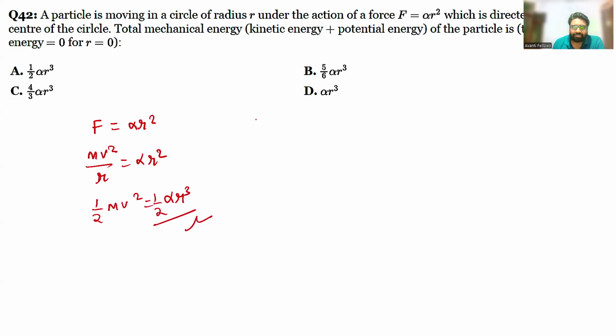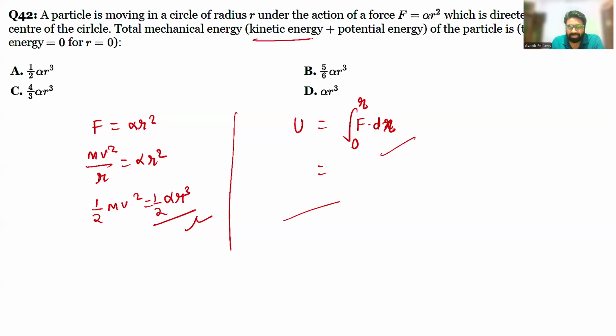This is the kinetic energy. For potential energy, again you can integrate F dot dr, taking potential energy 0 for r equals 0, so limits are 0 to r. You can apply that and calculate the kinetic plus potential energy of the system. Okay, now move on to the next one.